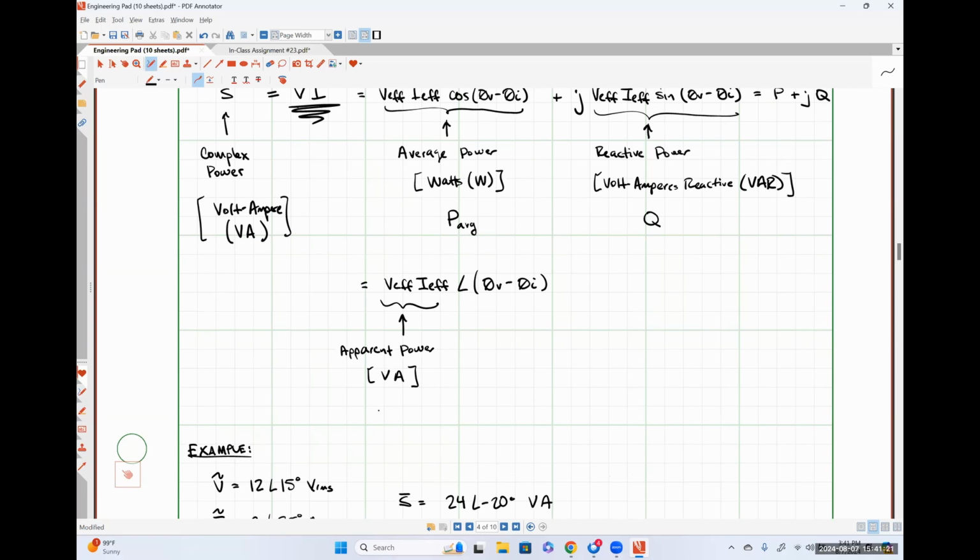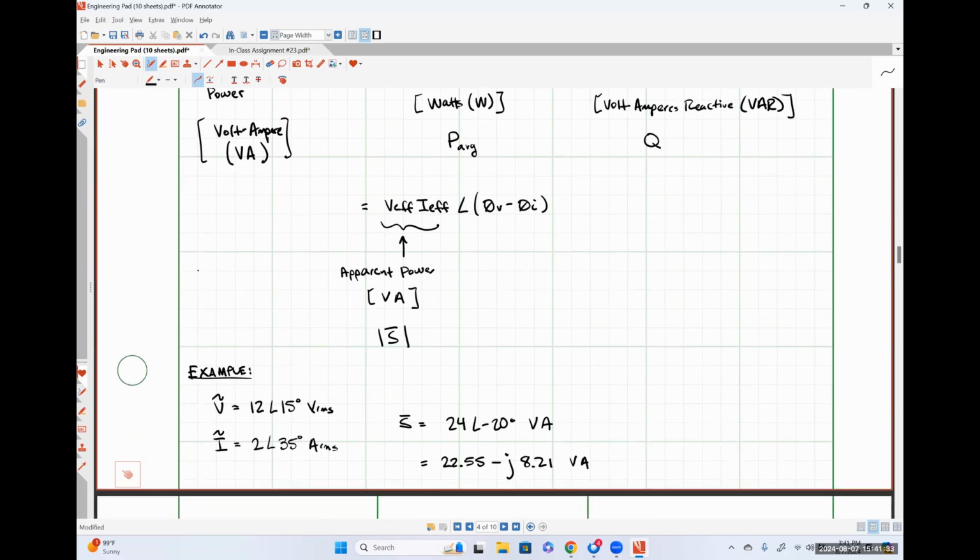The symbol for apparent power is just effectively the magnitude of our complex power S, because that is literally all it is. So going back to that example, which of these four numbers here is the apparent power?